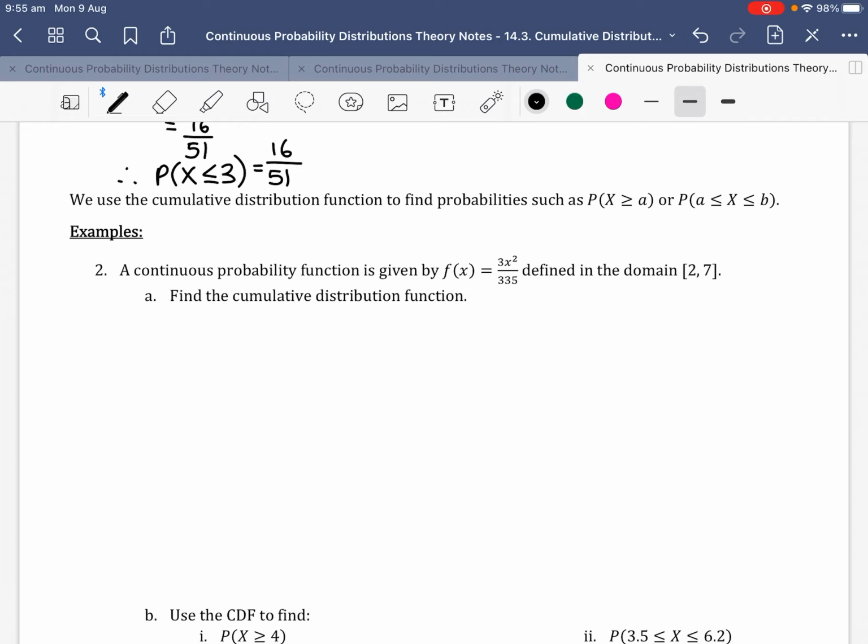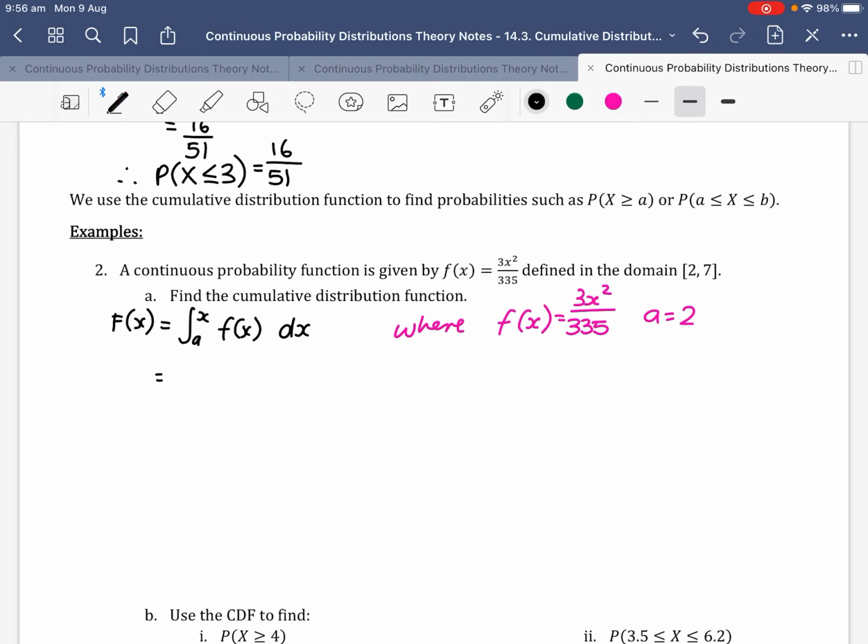For the next example, a continuous probability function is given by f(x) equals 3x squared over 335, defined in the domain of 2 to 7. We want to find the cumulative distribution function, so we do exactly the same as what we did before. F(x) equals the integral from a to x of f(x) dx, where f(x) equals 3x squared over 335 and our a value equals 2.